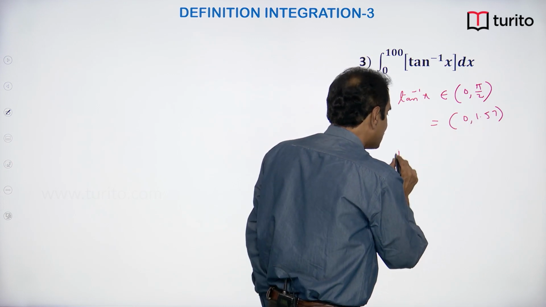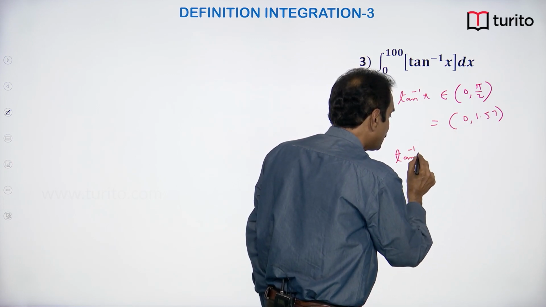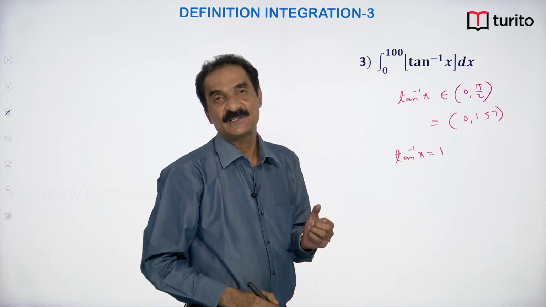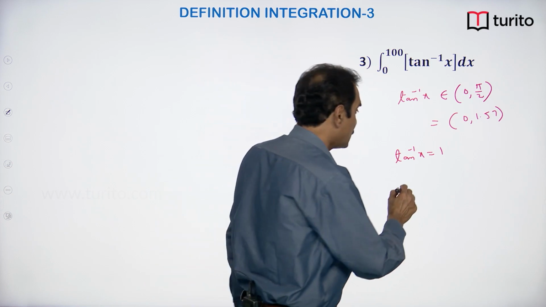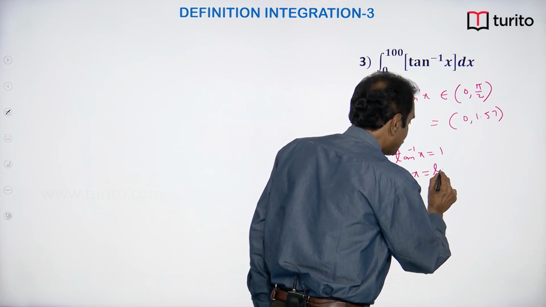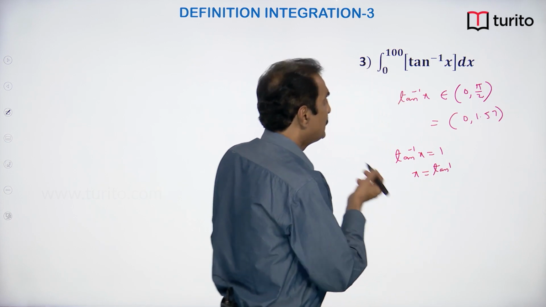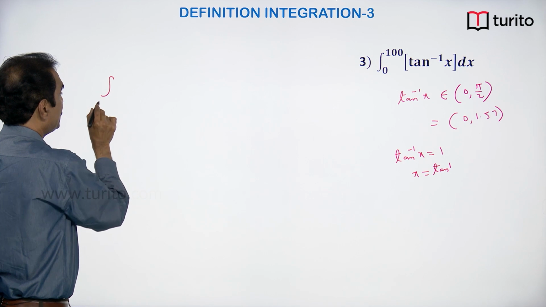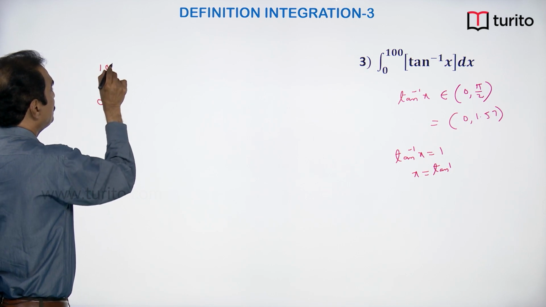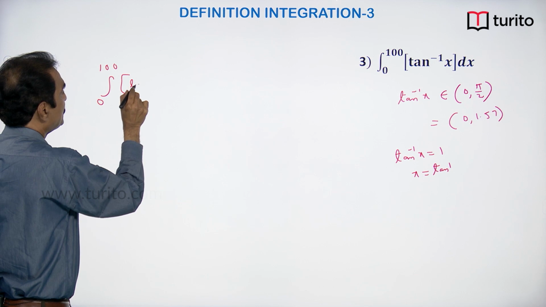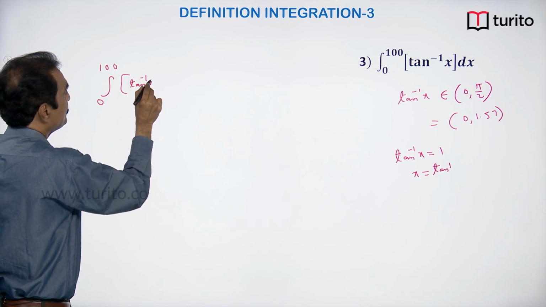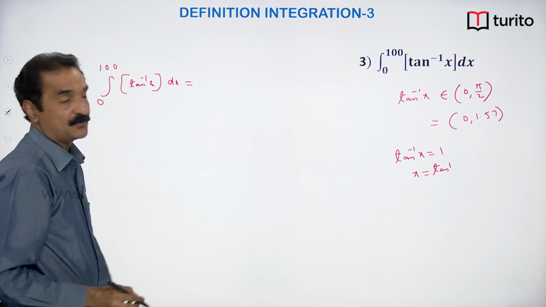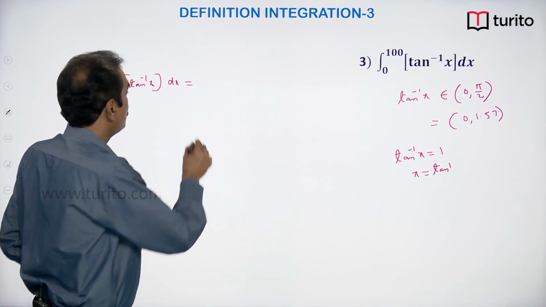One is what? Tan inverse x. We have to break this integral at tan inverse x is equal to 1. If tan inverse x is equal to 1, x is equal to tan 1. So, I am going to write this as integral 0 to 100 integral part of tan inverse x dx is equal to 0 to tan 1.